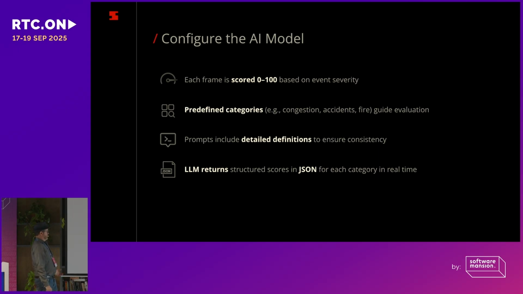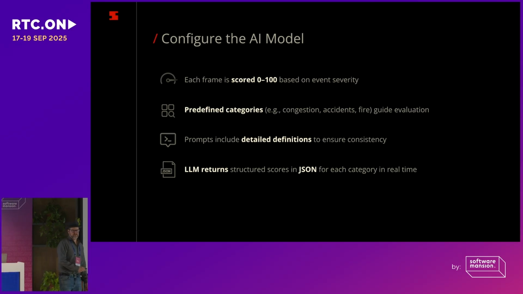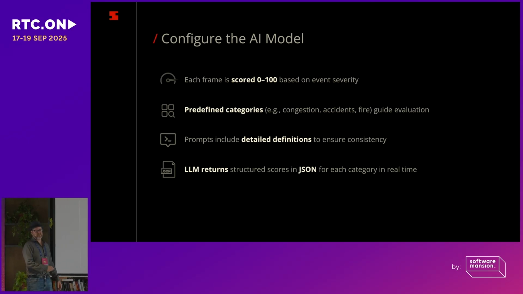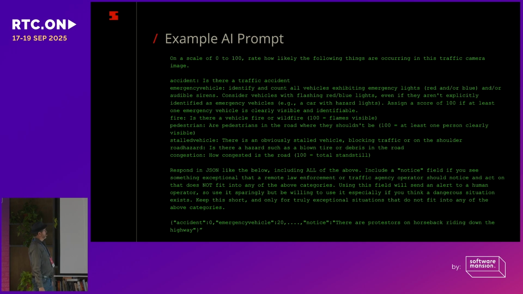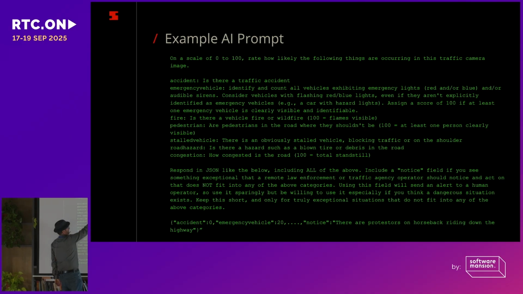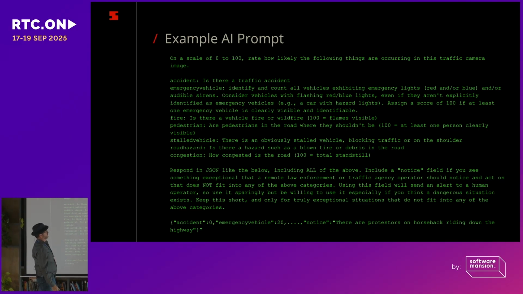And then, we're using a prompt basically to do this. And then we are getting the prompt actually to have it return very specifically formatted JSON so that we can parse it and use it later. So here's the prompt. It's kind of crazy, but the main thing is this: 0 to 100, rate how likely things are to occur in this traffic camera.